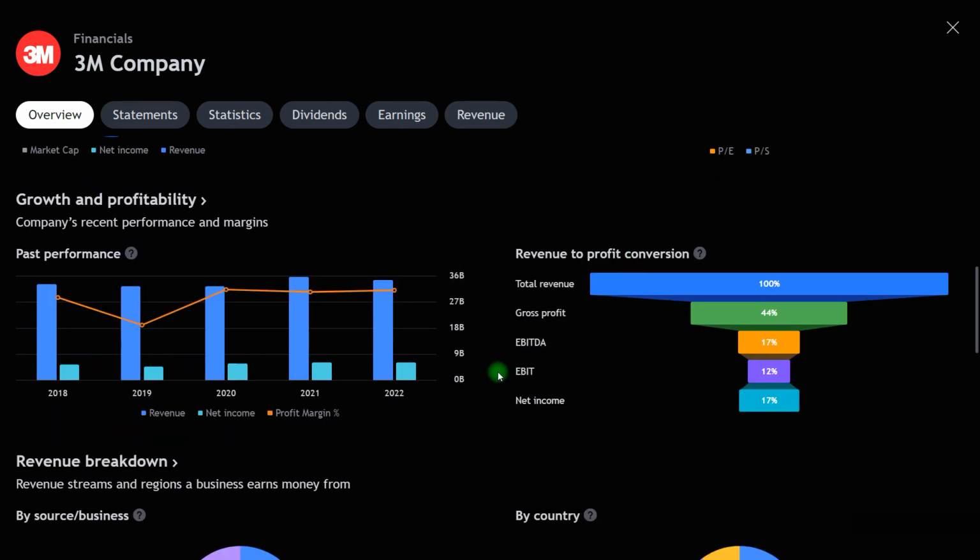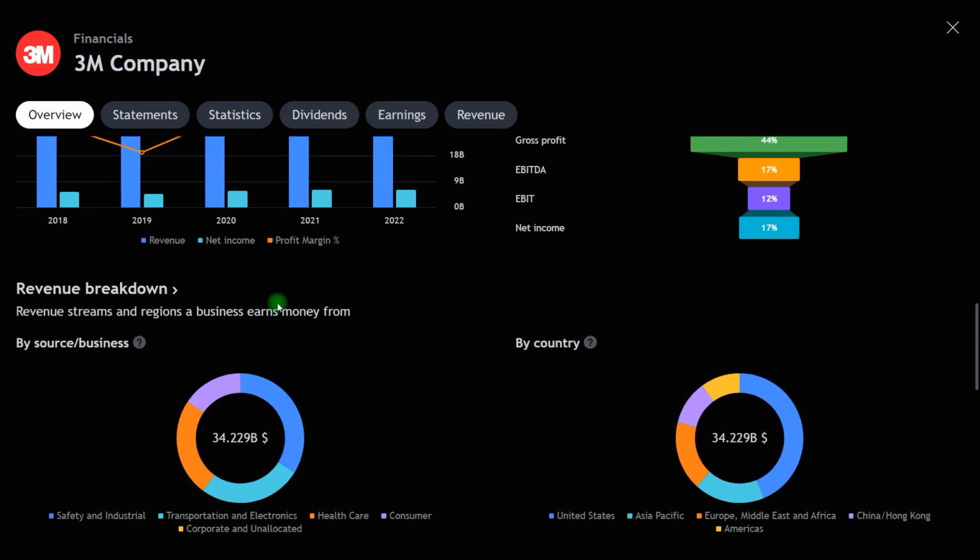The profitability is okay, net profit margin is 17 and the gross margin 44. By the way, we see that the revenue in the last years is very stable, and the margins are also very stable, actually at the same level. So we see a very stable business with nice margins.